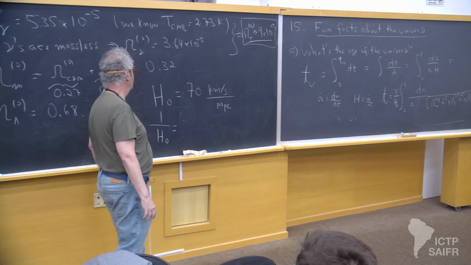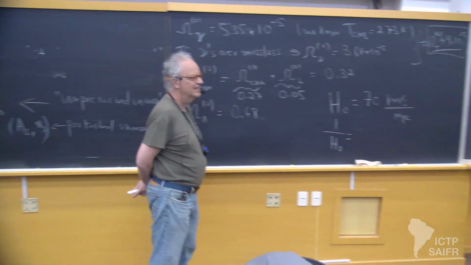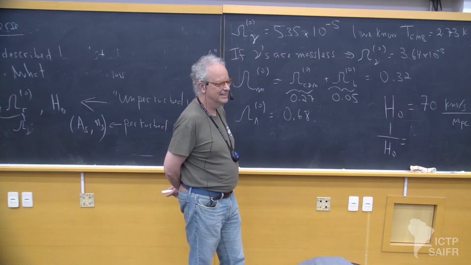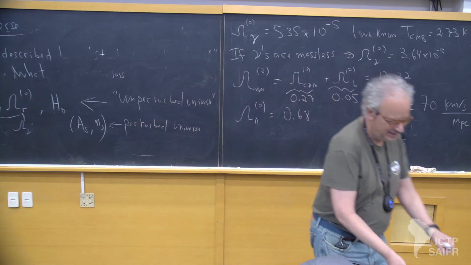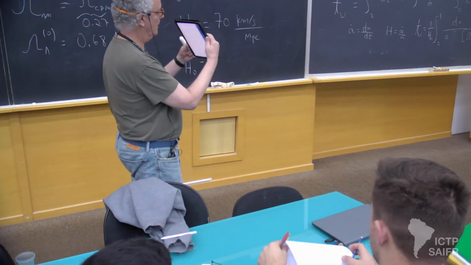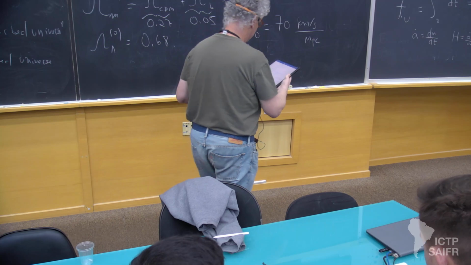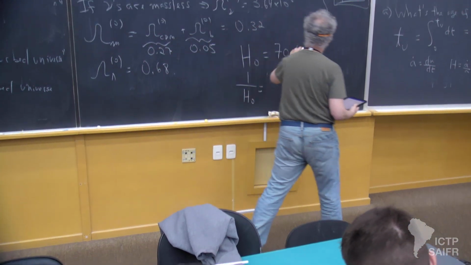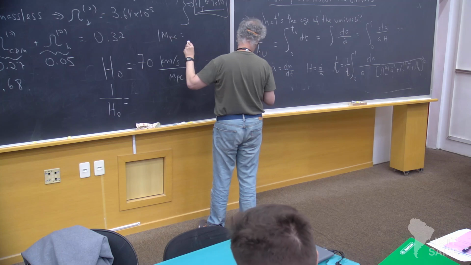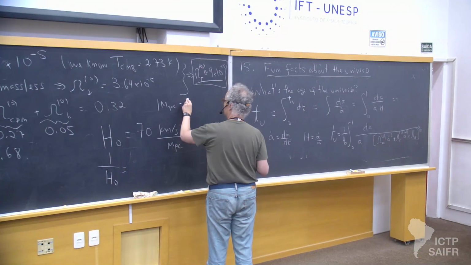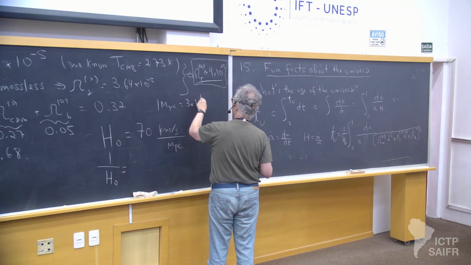So if I compute 1 over H0, and you can do it, let me just give you the numbers. 1 megaparsec is roughly 3 times 10 to the 19 kilometers.